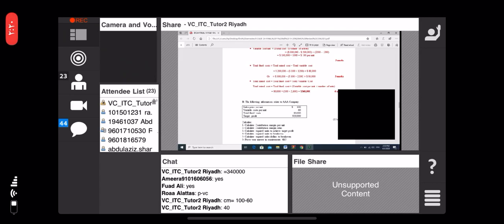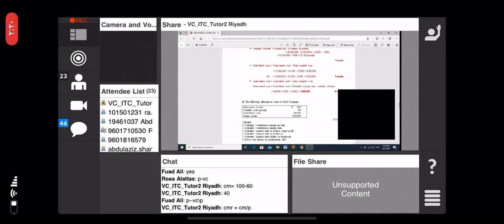Second, he asks you about contribution margin ratio. So contribution margin ratio will be equal contribution margin divided by the price. It is not price minus variable cost, it is contribution margin.